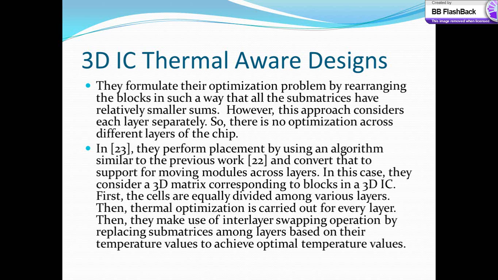He uses a 3D matrix which has thermal profiles of various objects in a 3D chip, and then he first arranges these objects among various layers in such a way that the area is more or less the same, and he then calculates the thermal profile of every 2D matrix which corresponds to every layer of the 3D chip, and then he formulates an optimization problem which tries to minimize every submatrix of those big layers, so that their sum is minimized, or in other words, the peak temperature is minimized.